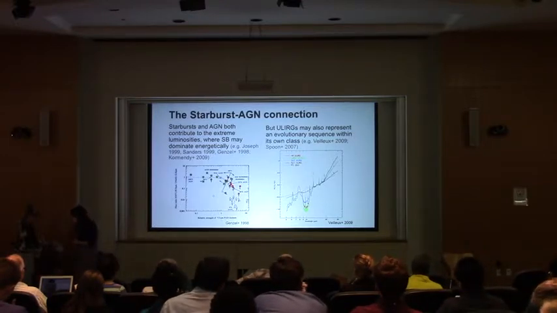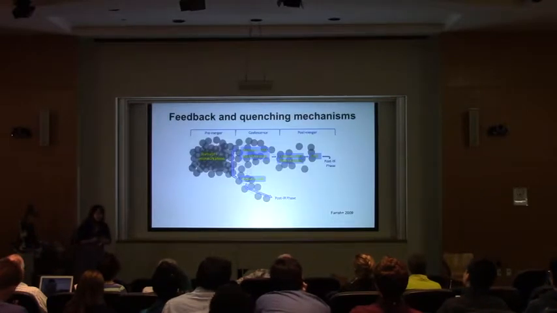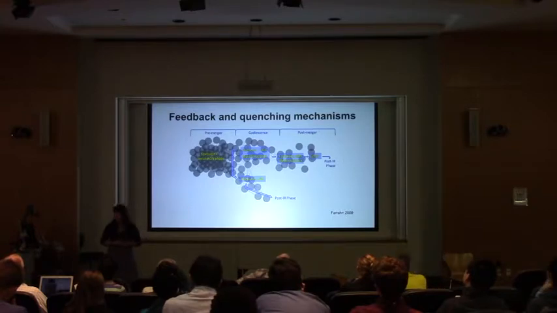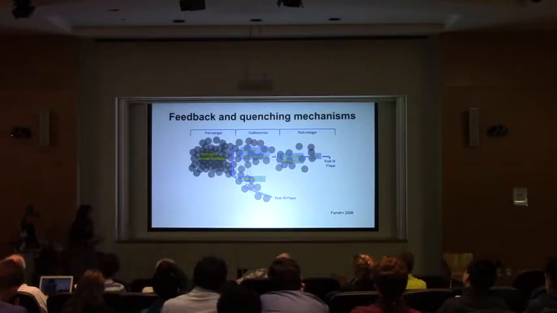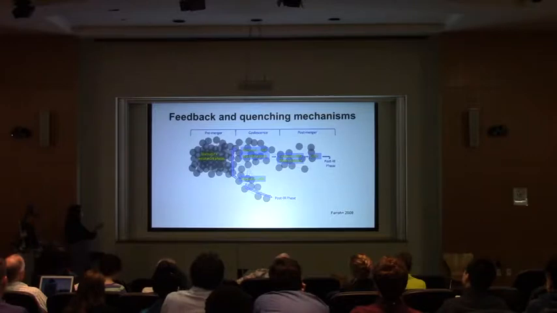And so all of this is to basically say that it's important to understand the relative contribution of starburst and AGN to these mergers. If you have differences in the contribution of these two mechanisms, you might go through the quasar phase I just described.